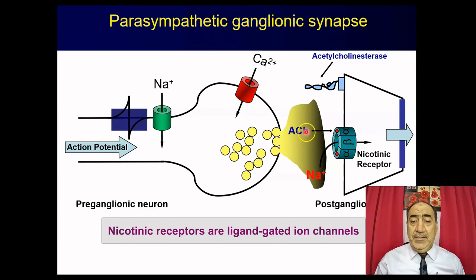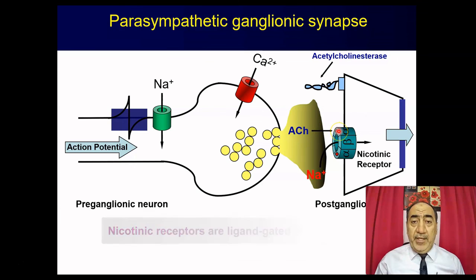When its beloved ligand binds to it, it opens, allowing the influx of sodium into the postganglionic neuron. This is the beginning of the postganglionic neuron.